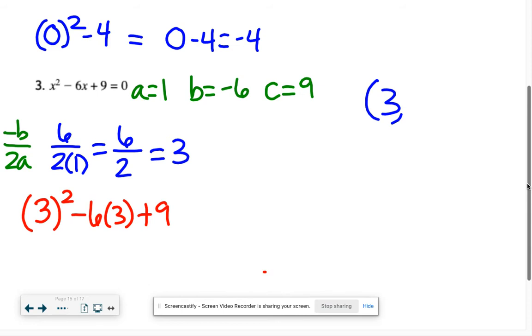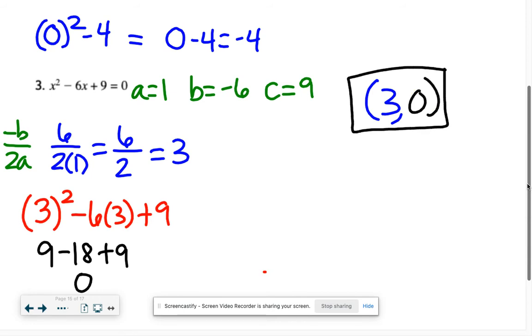If you need to break it down, break it down. 3 squared, so 3 times 3 is 9. Negative 6 times 3 is negative 18 plus 9. Now if we type this into our calculator, 9 minus 18 plus 9, that just gives us a big old goose egg, so 0. There you go. We found our vertex.